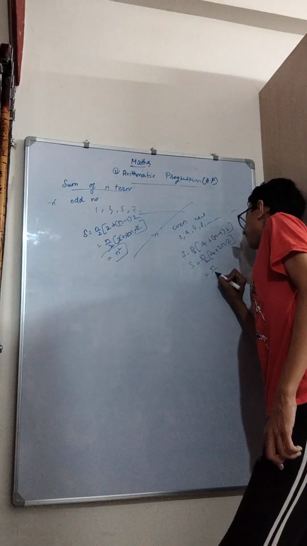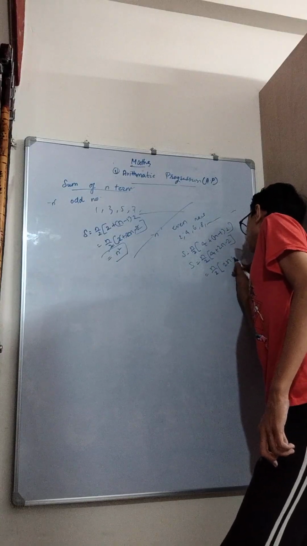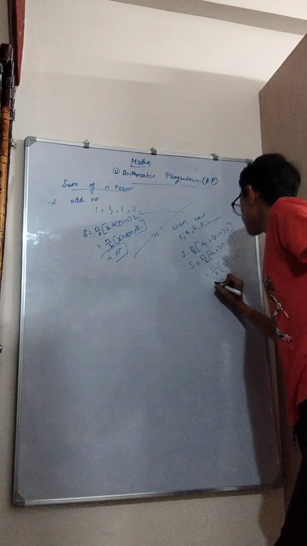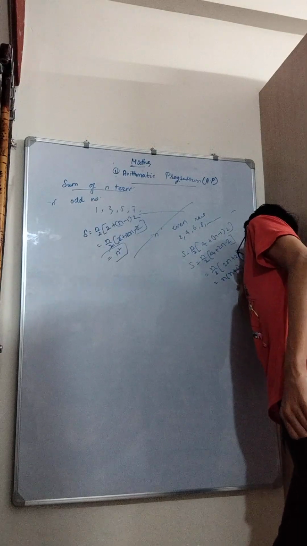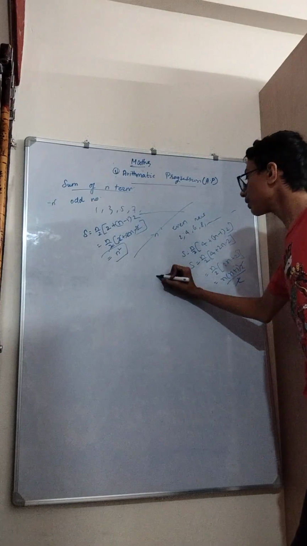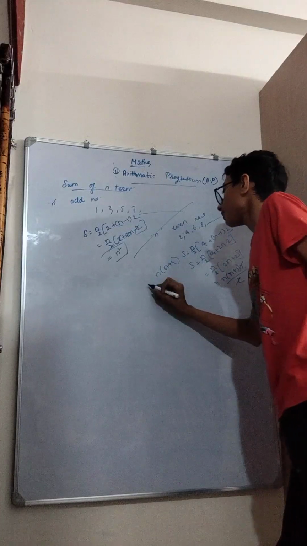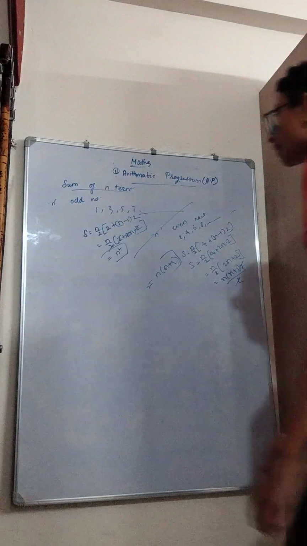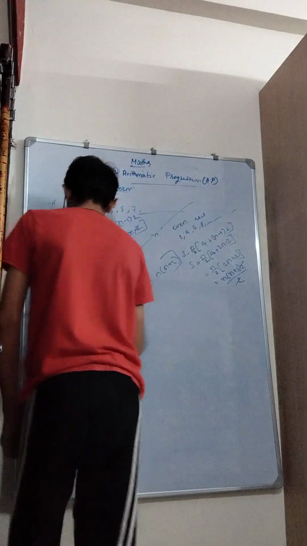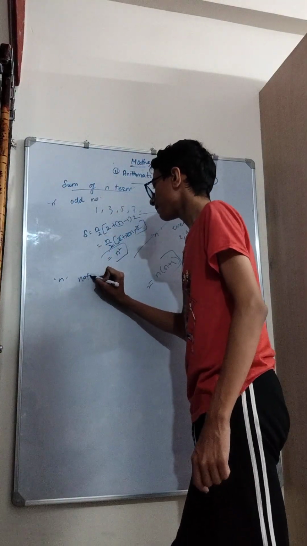So this would become n by 2 into (2n plus 2). When you take 2 common, you get n into (n plus 1) into 2 by 2, so these cancel. So n into (n plus 1) is the sum. How magnificent this is.